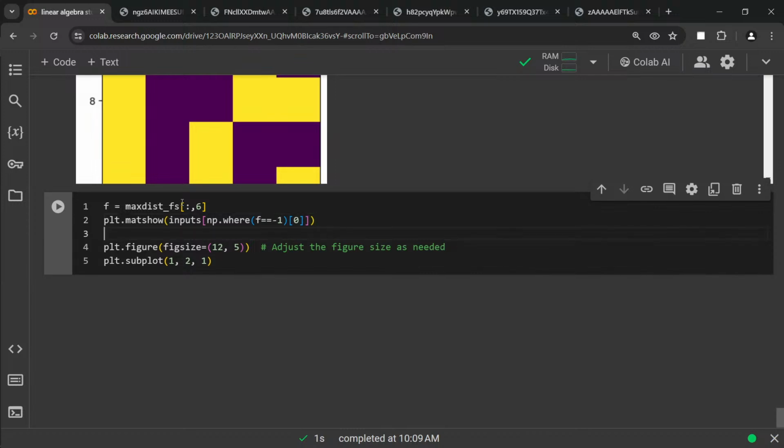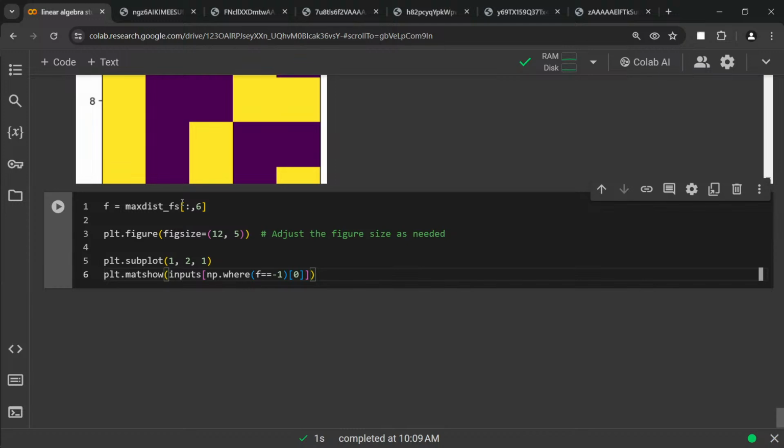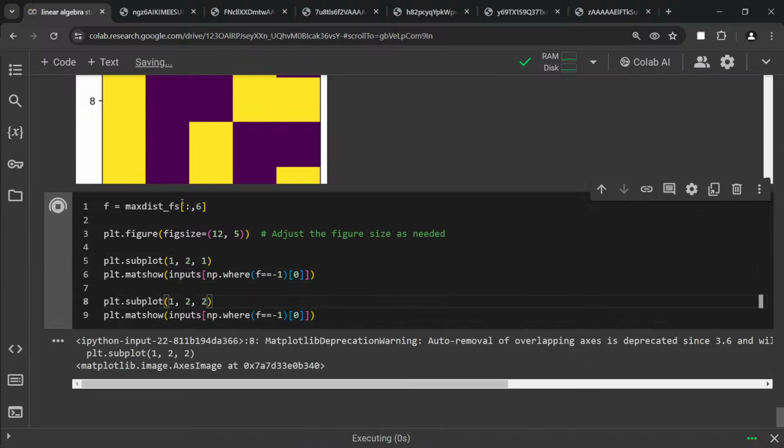And I think this part will go here, and then the other one goes there. So cool.